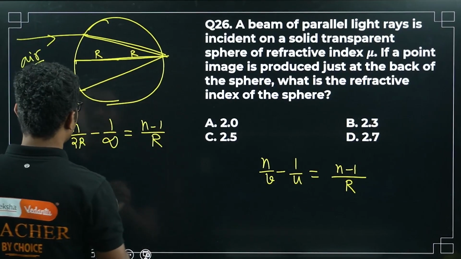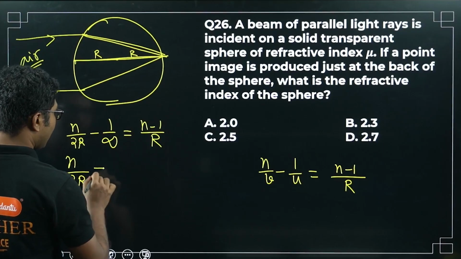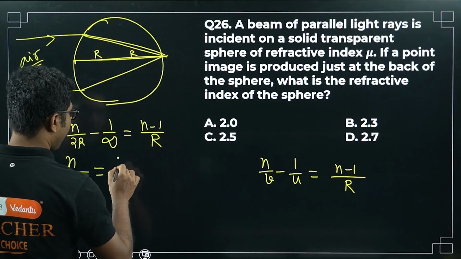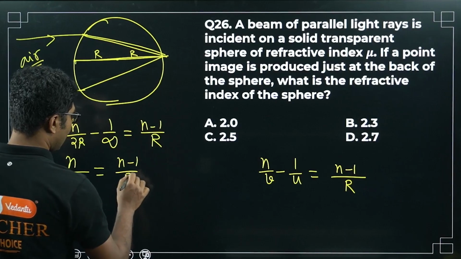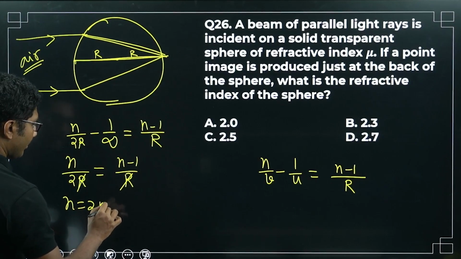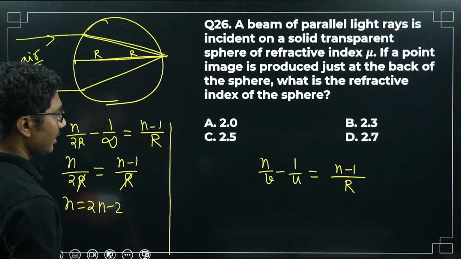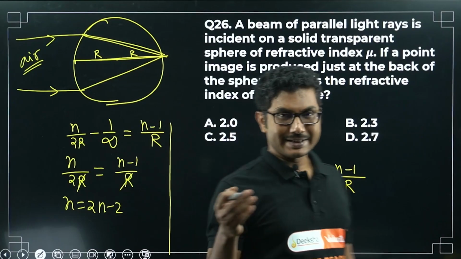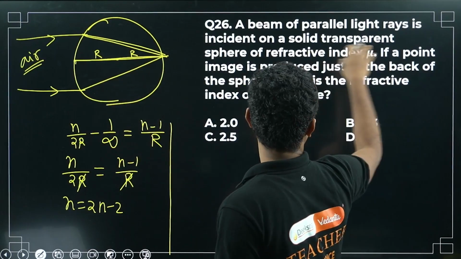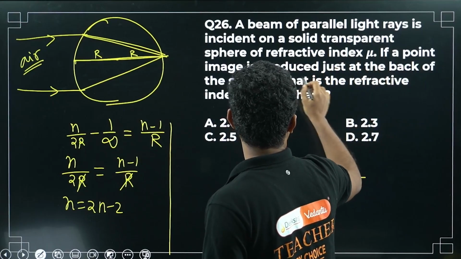So n by 2r equals n minus 1 by r. r cancels, so n equals 2n minus 2. We assume that the other medium is air, and I think they have mentioned it somewhere here: solid transparent medium, refractive index mu, the point image produced just at the back.